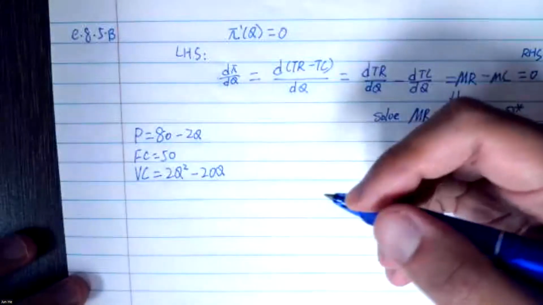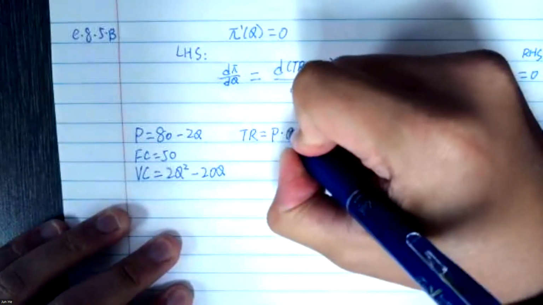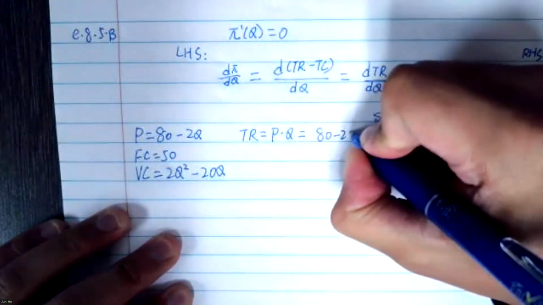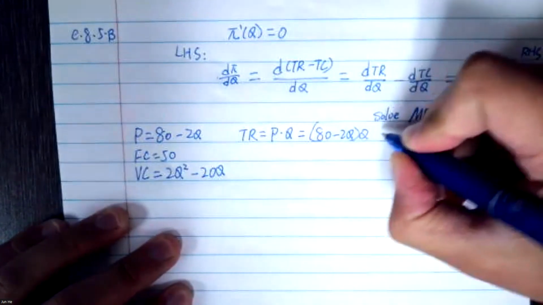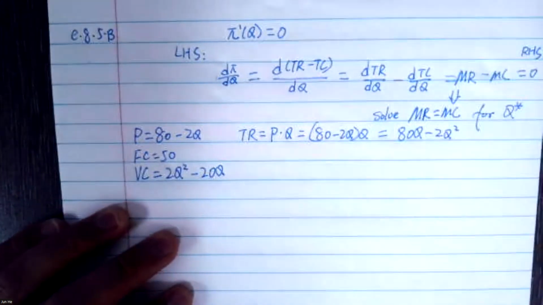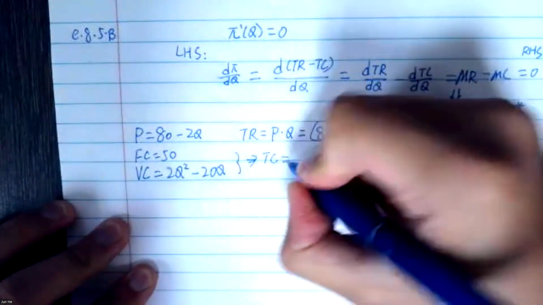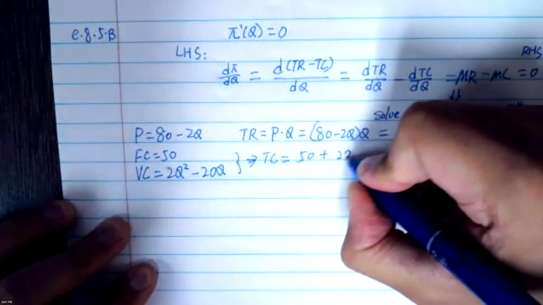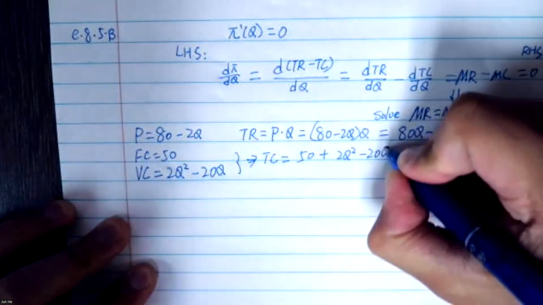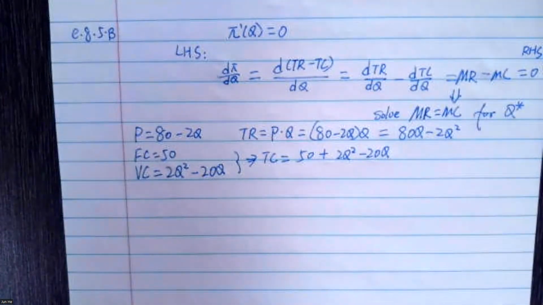All right. So now, total revenue is P times Q, which is 80 minus 2Q, times Q, which is 80Q minus 2Q squared. And here, total cost is 50 plus 2Q squared minus 20Q, which is fixed cost plus variable cost.